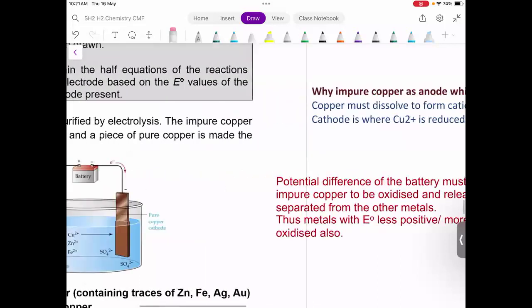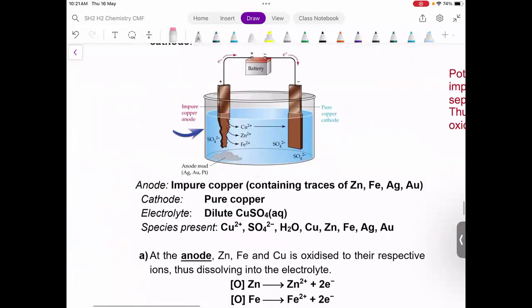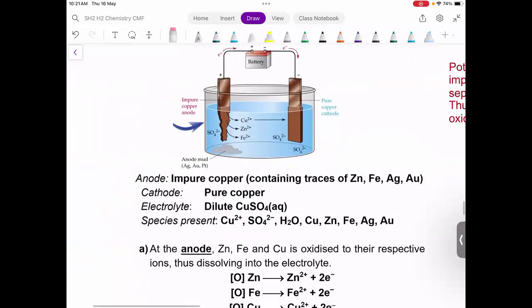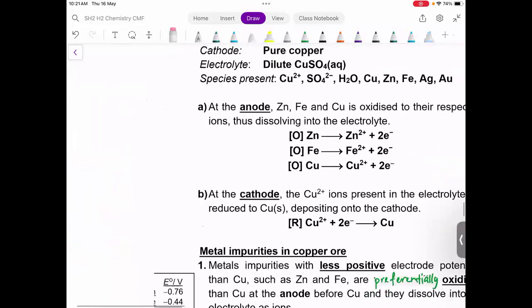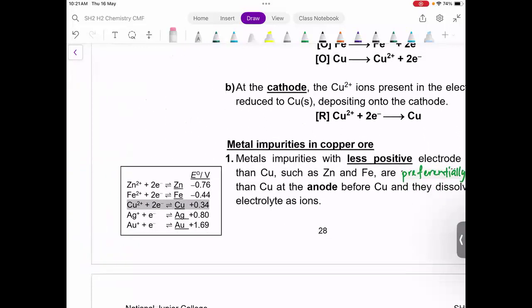Okay, so with this in mind, if you look at the metals that are present in your impure metal, they are copper, zinc, iron, silver, and gold. You have gold inside. Okay, so in this case, please take note. If you look at the copper 2 reduction potential as a reference, obviously zinc and iron are more reactive. So therefore, they are also oxidized to become the respective cations together with your copper.